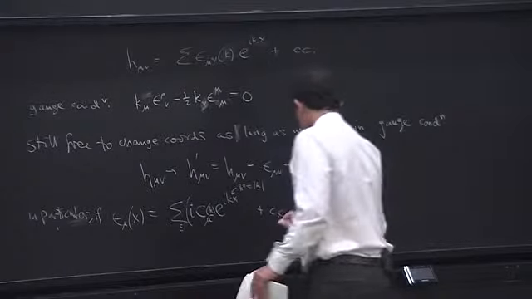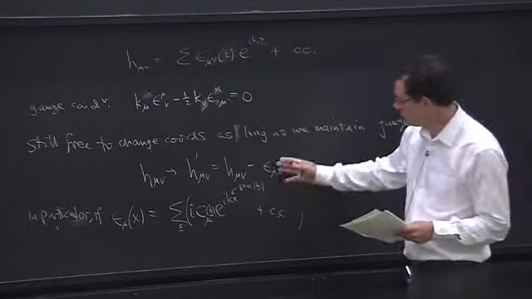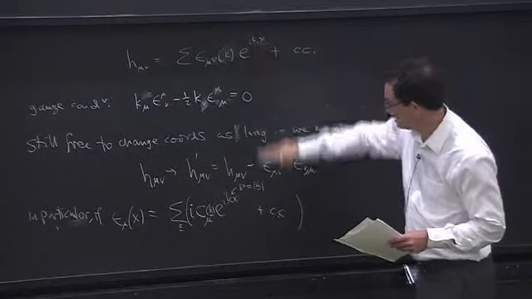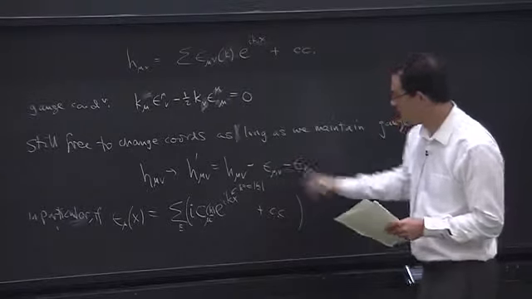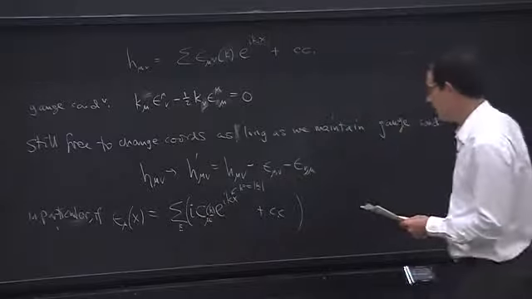Okay, so that's going to be my coordinate transformation. And when I make this coordinate transformation on h, you can see from here and here that all that's going to happen is I'm going to change my epsilon tensor by something involving c.